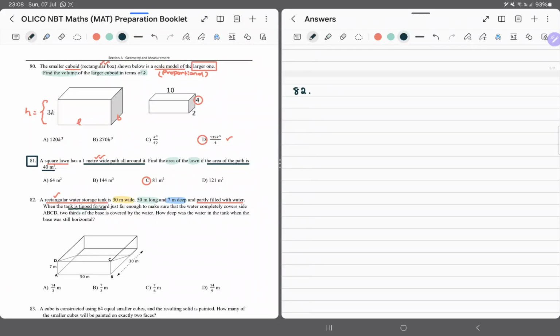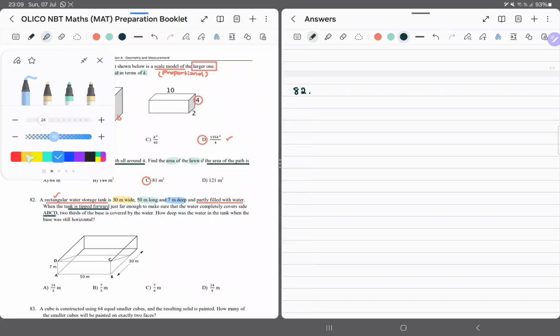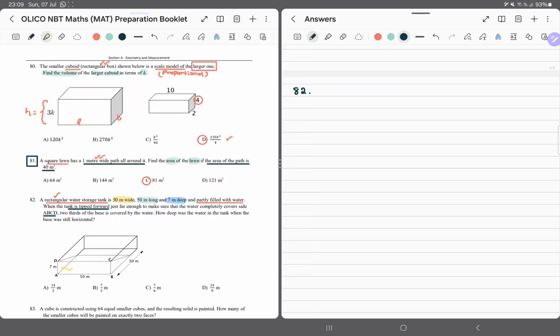this tank is tipped forward just far enough to make sure that the water completely covers the side A, B, C, D. So meaning, if we are to say this is our water level, so we can say safely this is our water level.